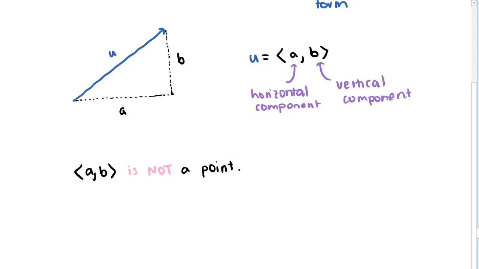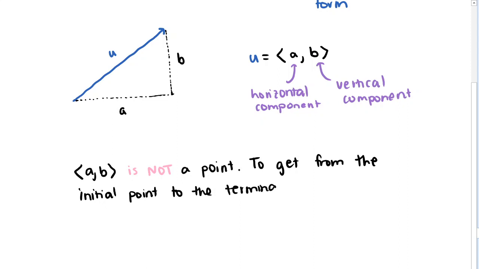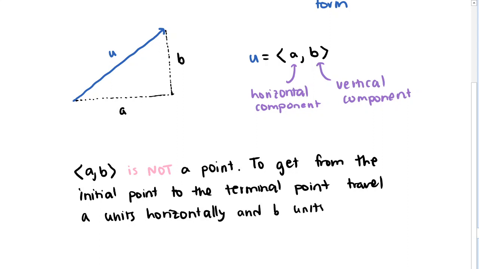And so really, these horizontal and vertical components just describe how to get from an initial point to a terminal point. They just tell you that to get from the initial point to the terminal point of our vector, we should travel A units horizontally and B units vertically.